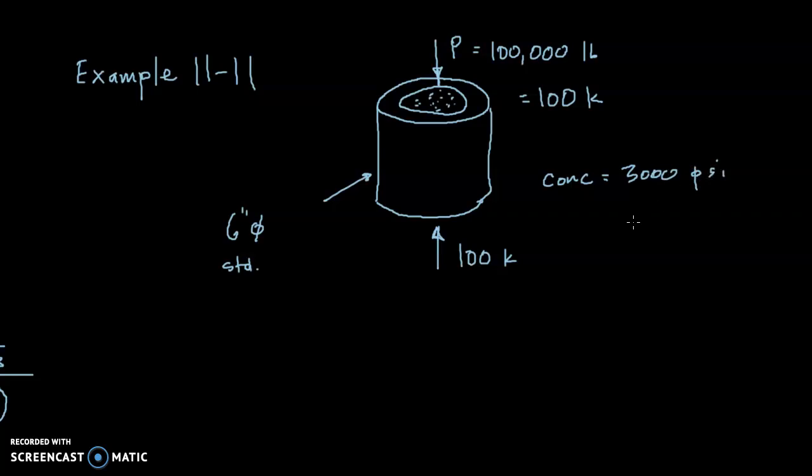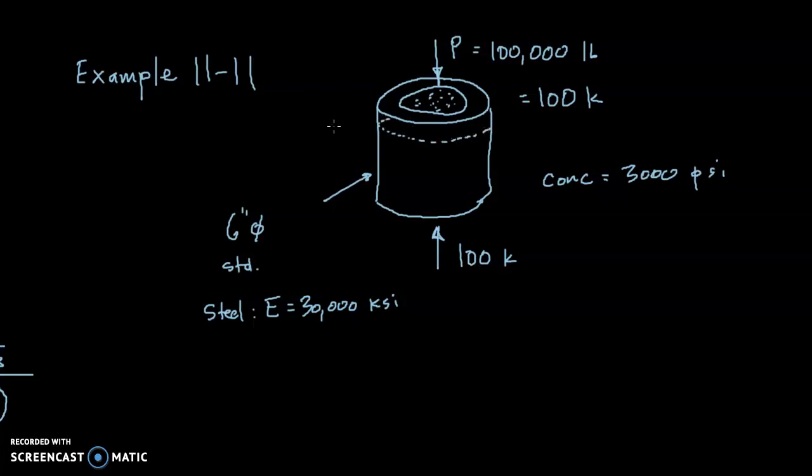The pipe is made of ASTM A501 steel, which means that all varieties of steel have a modulus of elasticity of 30,000 ksi. So we're going to assume that we apply this load of 100,000 pounds to it, and that it's going to deform equally.